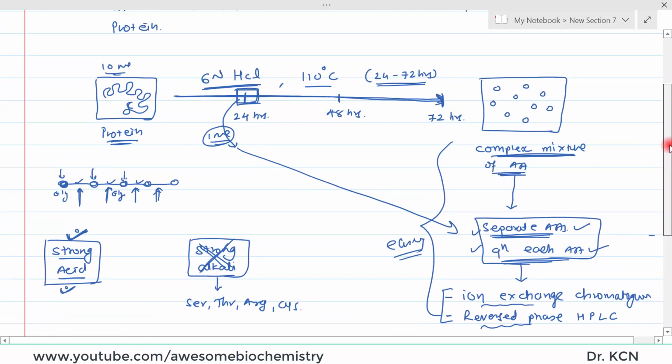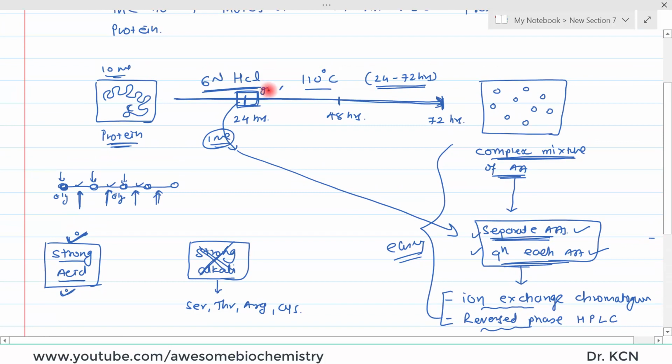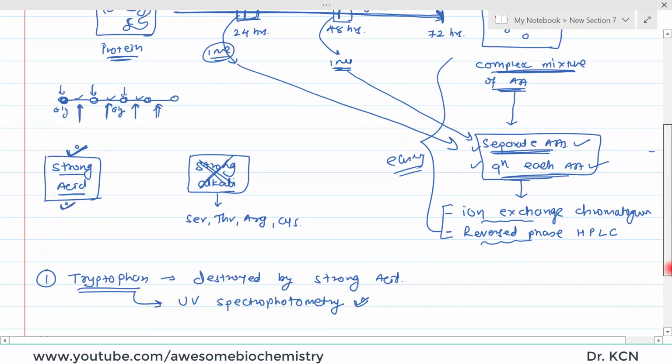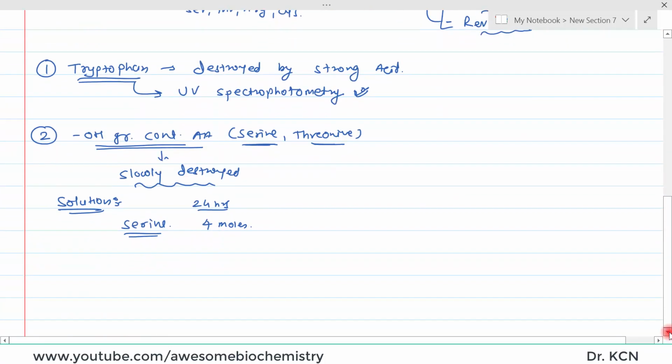Then the remaining 9 ml is under continuous heating. So at the end of 48 hours, I will take another 1 ml out of this solution. The remaining will be 8 ml, and this 1 ml solution I will again use to separate and quantify each amino acid. Of course I will get some reading for serine. Suppose at 48 hours this number is less than 4 moles, right?